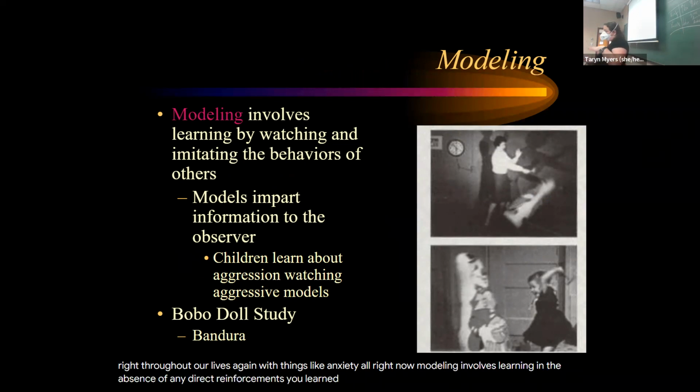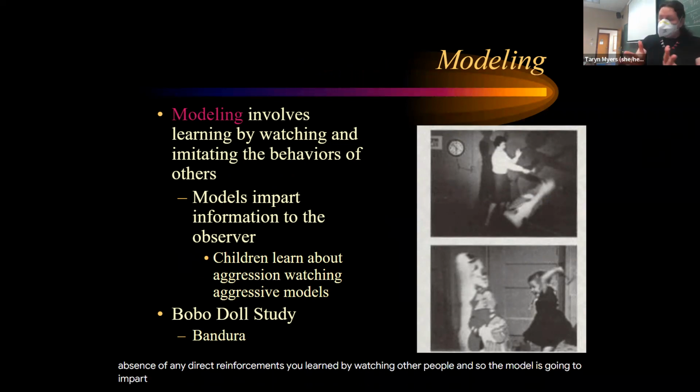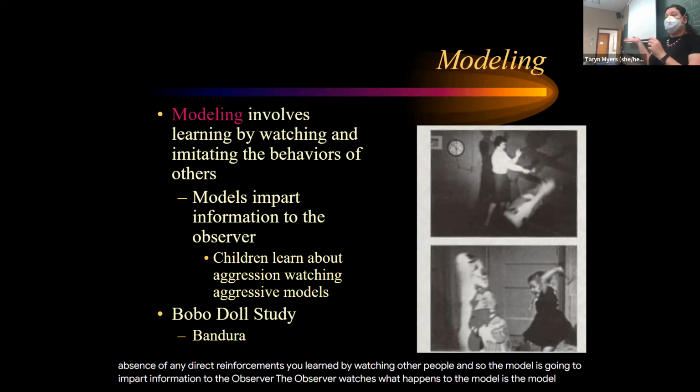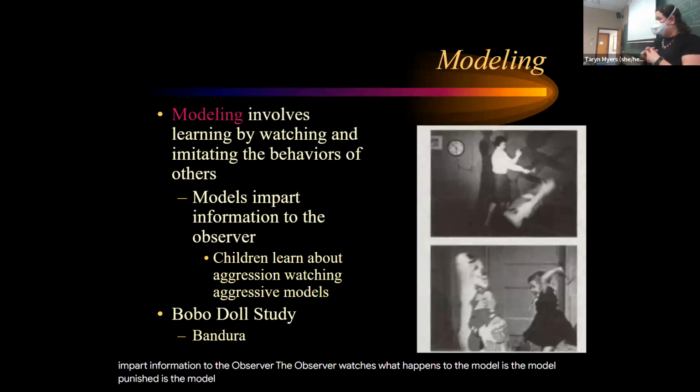You learn by watching other people. And so the model is going to impart information to the observer. The observer watches what happens to the model. Is the model punished? Is the model rewarded?